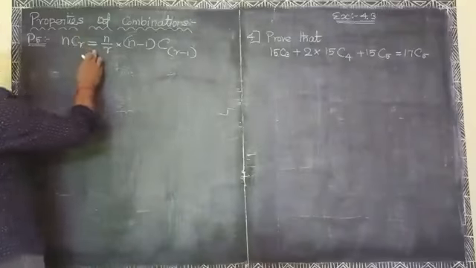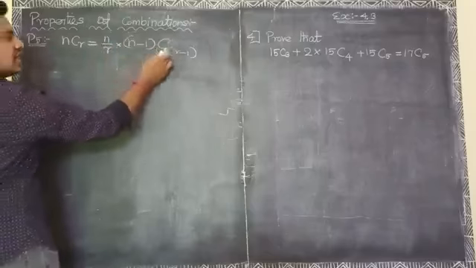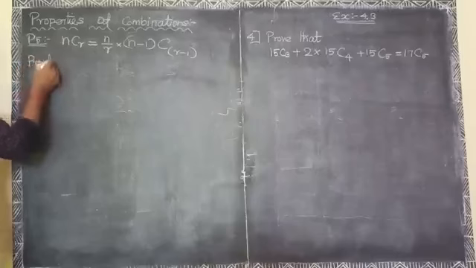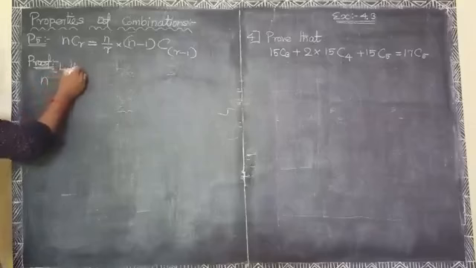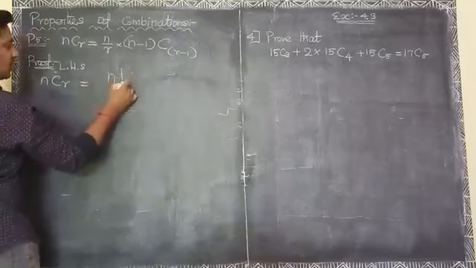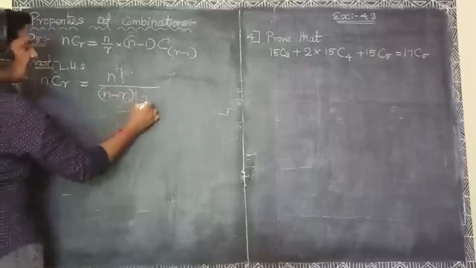Next, property number 5: nCr is equal to n by r into (n minus 1)C(r minus 1). Here for the proof, we take the left-hand side nCr, which is equal to n factorial divided by (n minus r) factorial into r factorial.